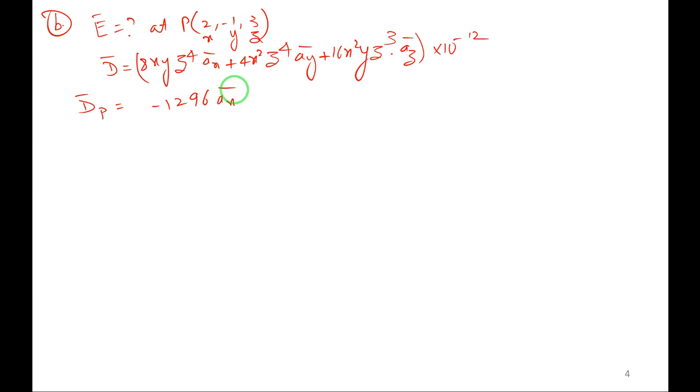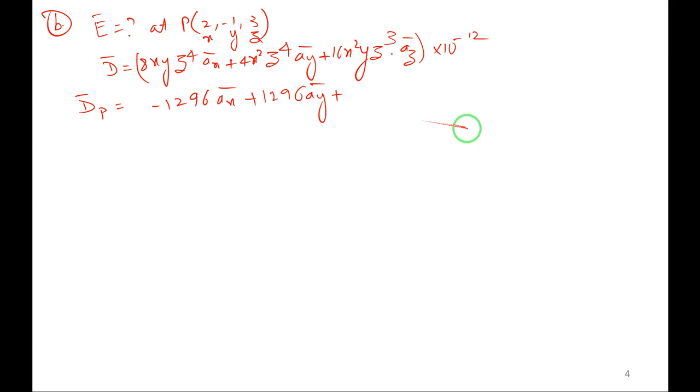Next second term we'll see 4 into x square. 2 square is 4 into z to the power of 4, 3 to the power of 4. So we are getting it as once again 1296 ay, plus we'll see the third term 16 into x square, that is 2 square is 4, into y, y is minus 1, into z cube, that is 3 cube.